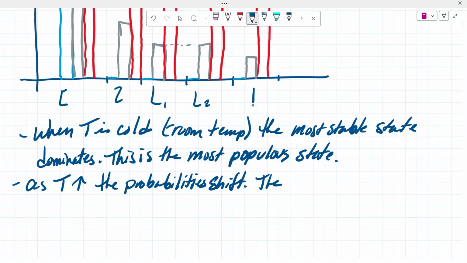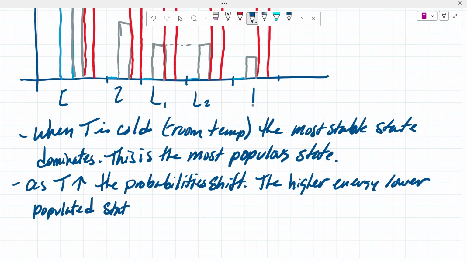The higher energy states become accessible and populated.